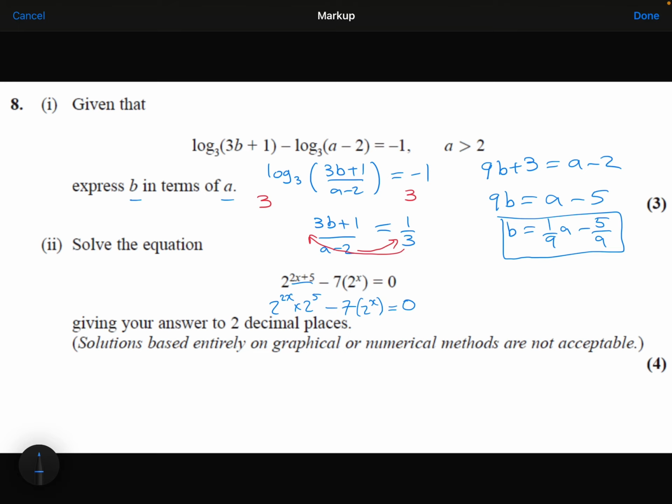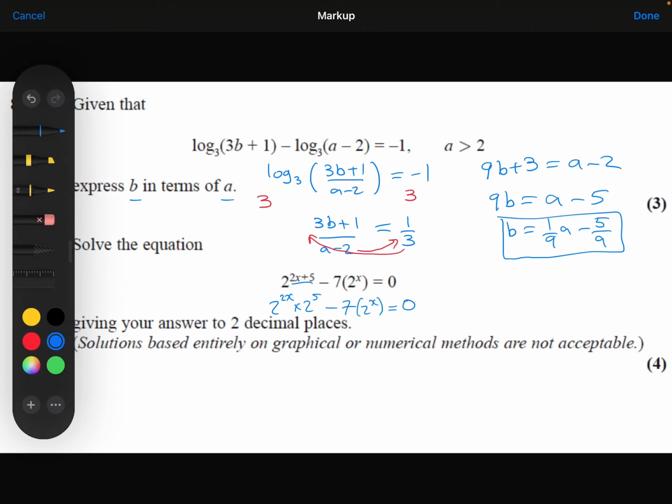Now that's going to be useful because then the 2 to the power 5, that's 32. So I've got 32 lots of 2 to the power 2x minus 7 lots of 2 to the power x equals 0. Now this 2 to the power 2x, that's the same thing as me saying 2 to the power x, squared.